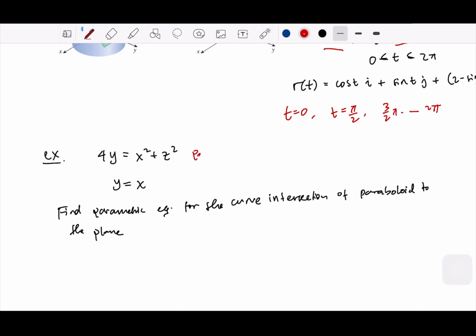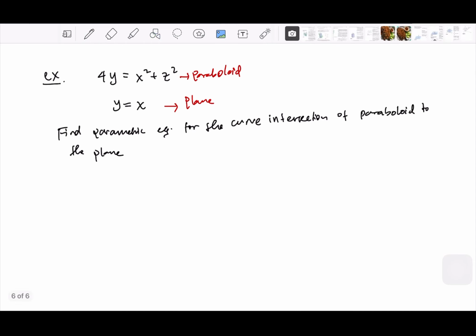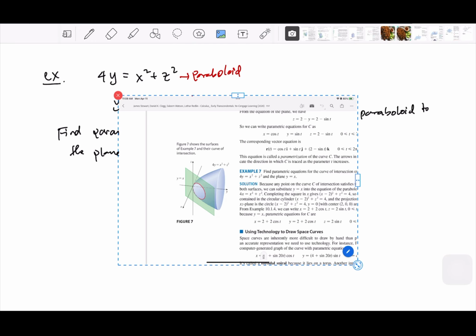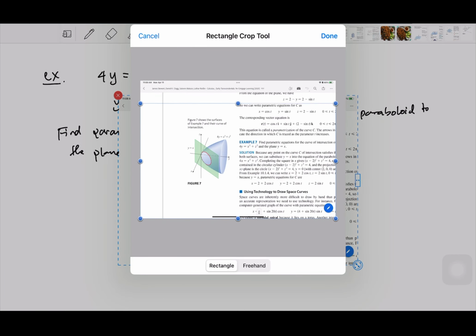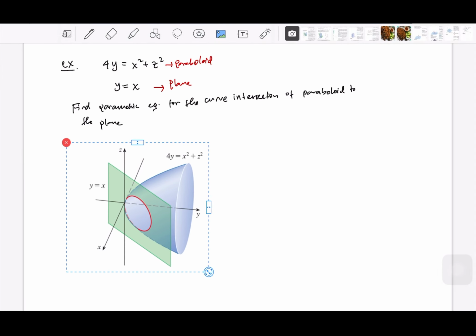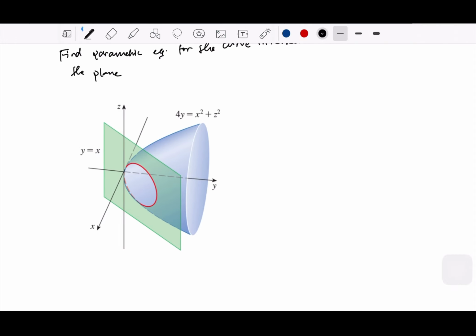So the paraboloid is this, and the plane is this. Okay, you can take this as an example and try to write down the parametric equations from here. This is how it looks. And that's 13.1. Okay.